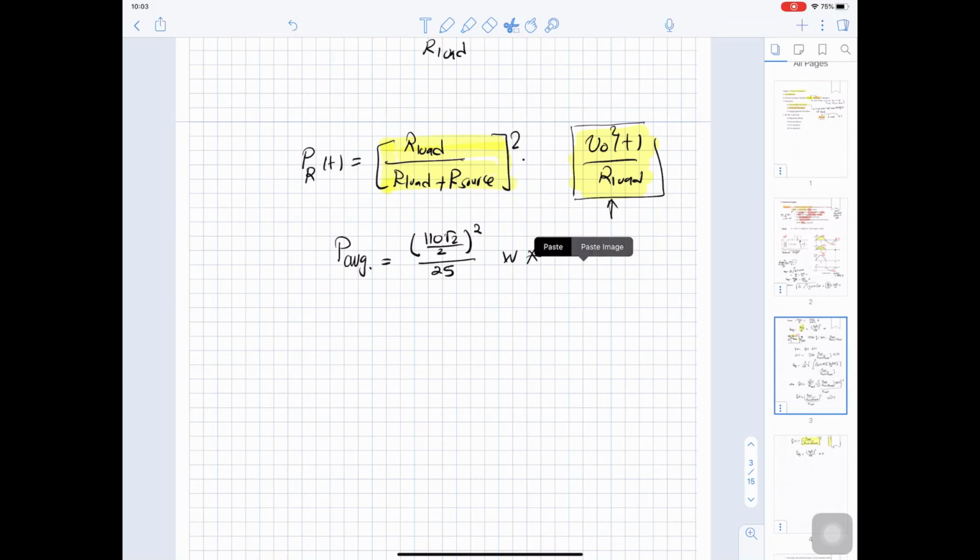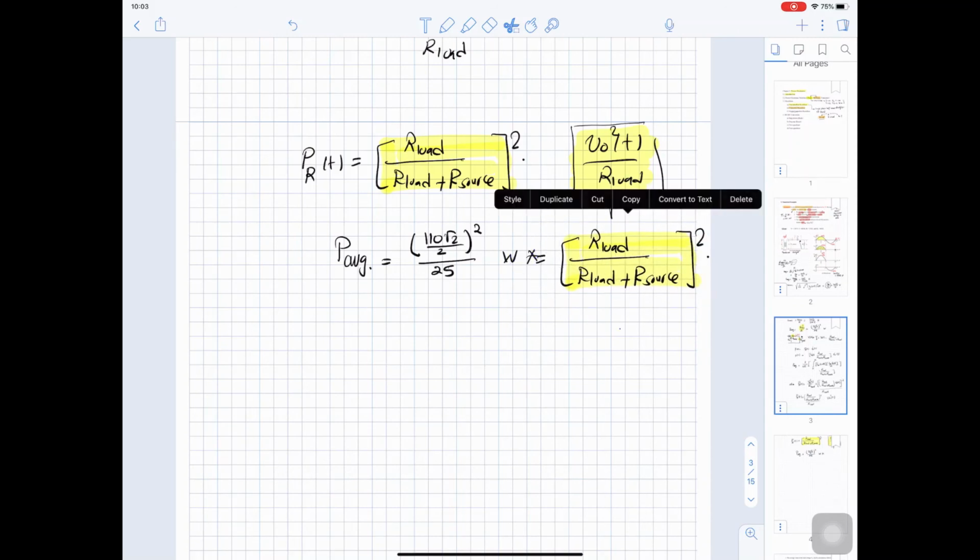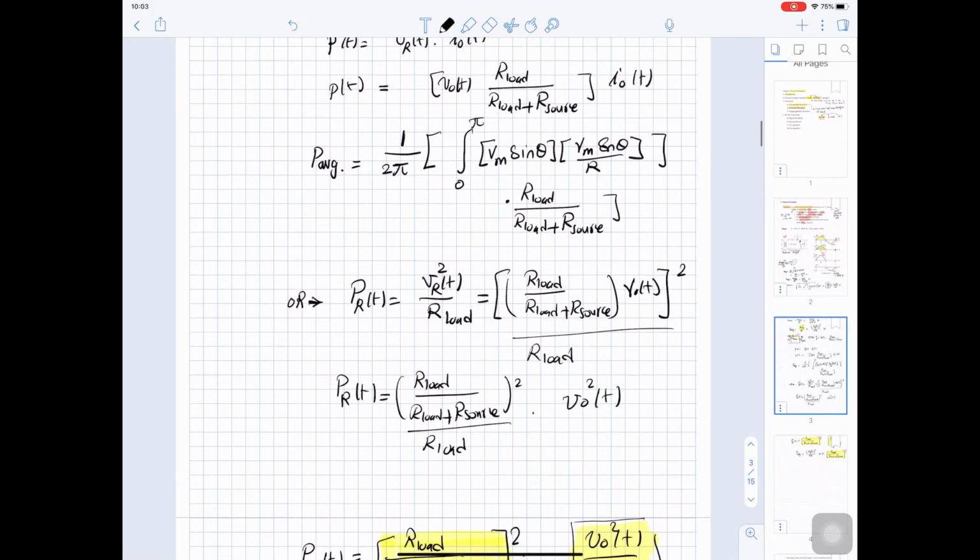So someone will follow this path instead of doing the integration of a sine square here. So this is one approach, and this is the second approach, which I would recommend.